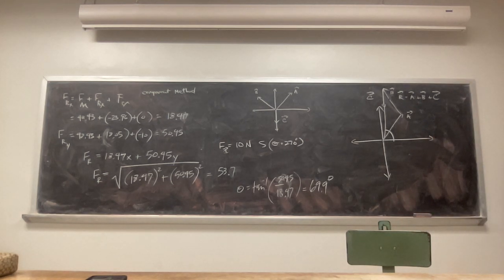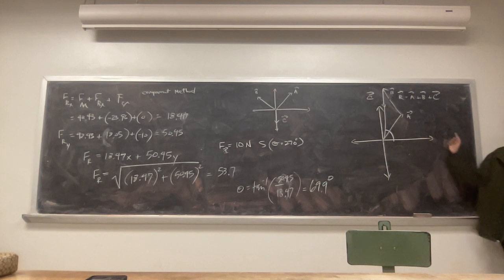So we have to learn how to connect the component method to the tail to tip method. They're the same thing. One just has trigonometric identities. The other one is just you using your eyes and common sense. That's it. And it should make sense.